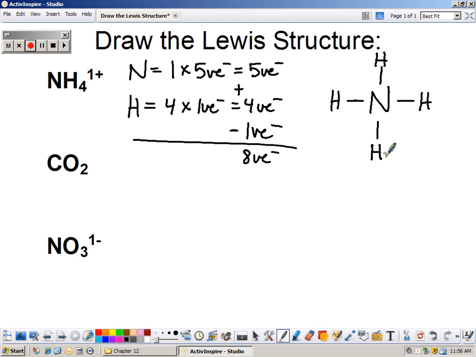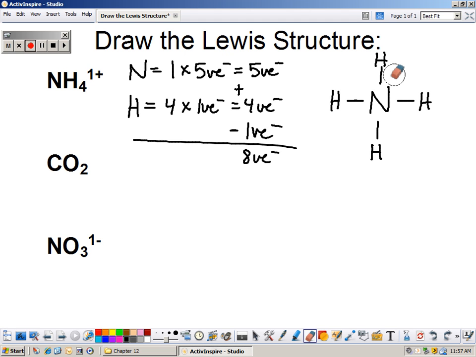Yes. Remember, each line represents 1 pair of shared electrons, or 1 covalent bond. So you have 4 covalent bonds. Each bond is 1 pair of electrons. So there are 2, 4, 6, 8 electrons around the nitrogen. So that has an octet. So that's good.